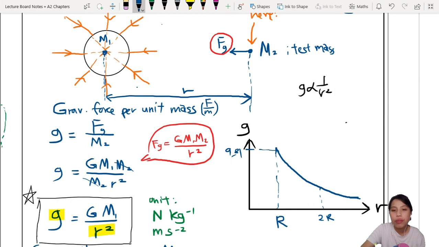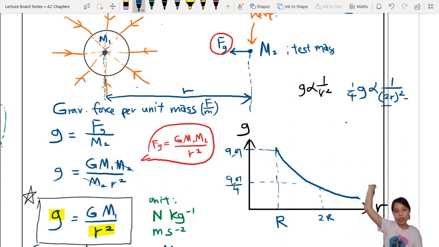What will the g value be? You can play with ratios here. So 1 over 2r squared. What will be the factor that comes out of g here? 1 over 4, because here is 2 squared. So here it will be 1 over 4. You can find what this is: 9.81 over 4. Go and calculate it.